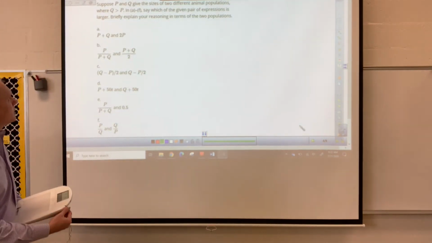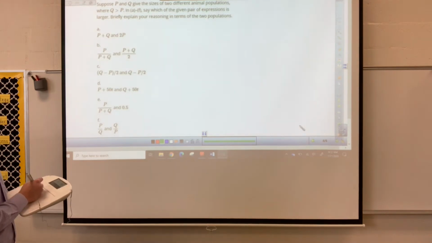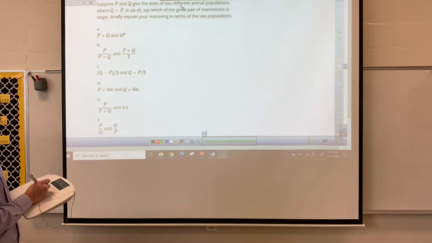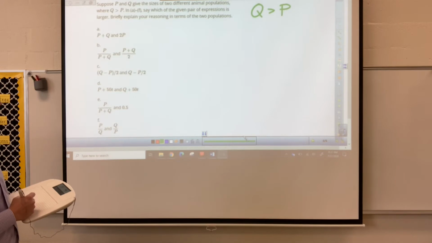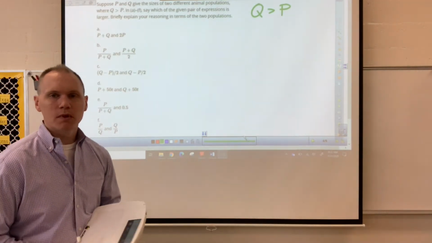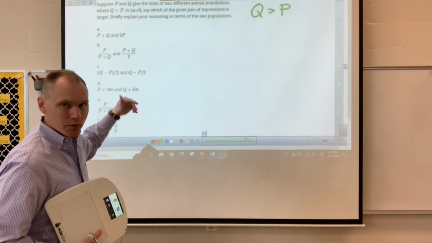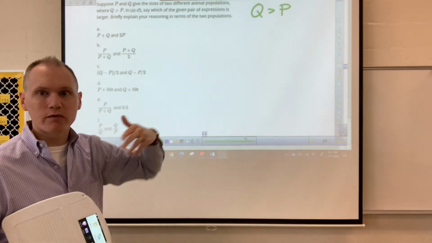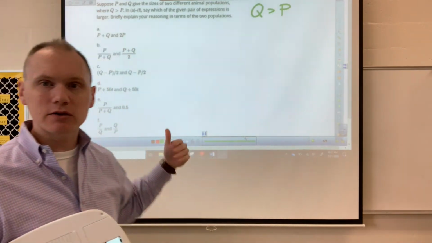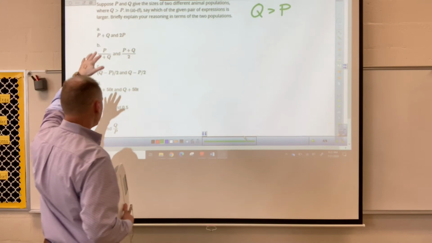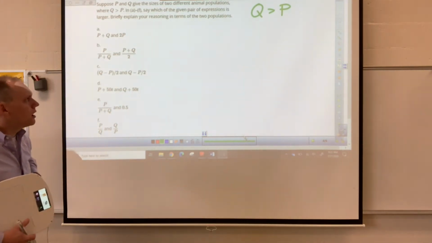In the paragraph up here, it says we have P and Q, which are sizes of 2 different animal populations, where Q is greater than P. That's a huge piece of information. As you're going through here, you can pick a value for Q, pick a value for P, and test some values out to see which one's greater.